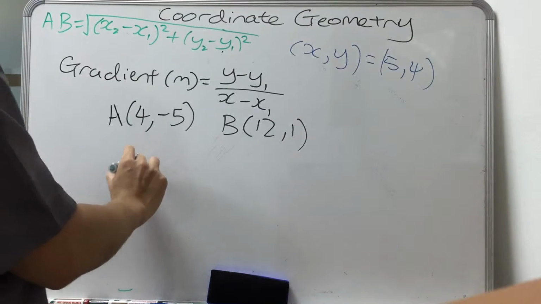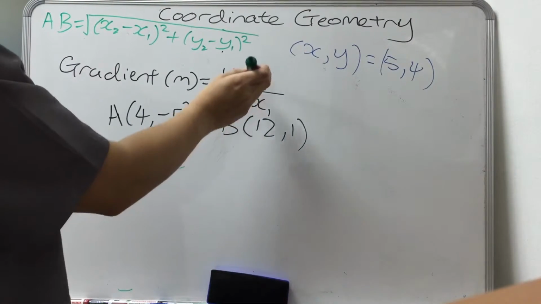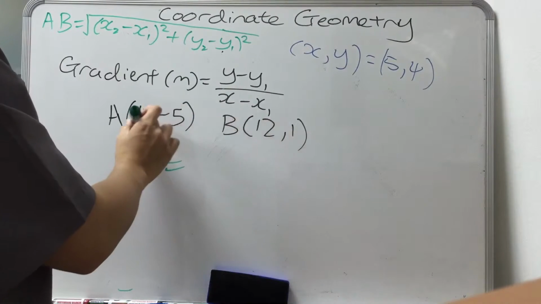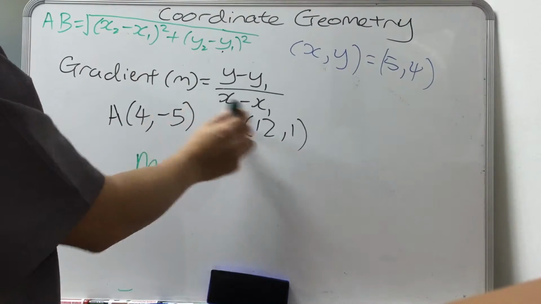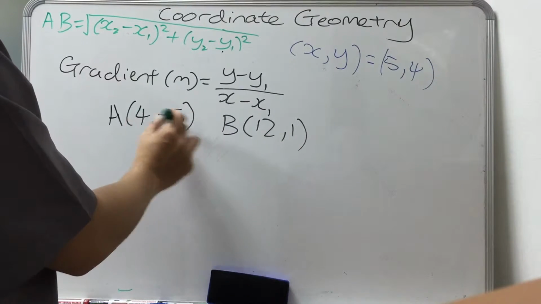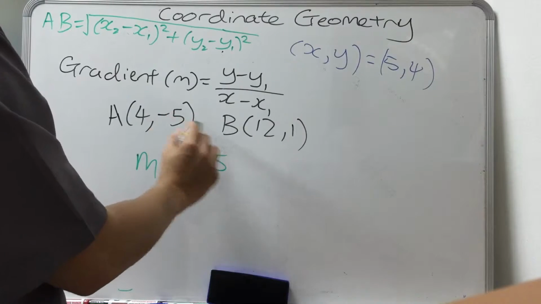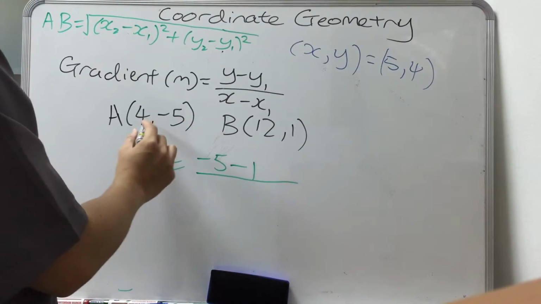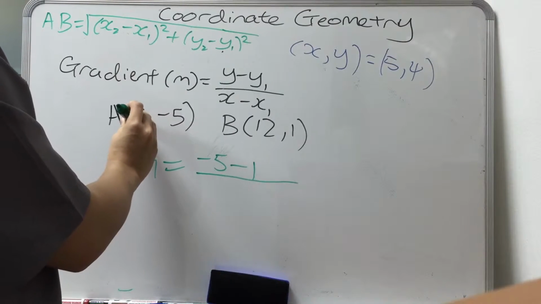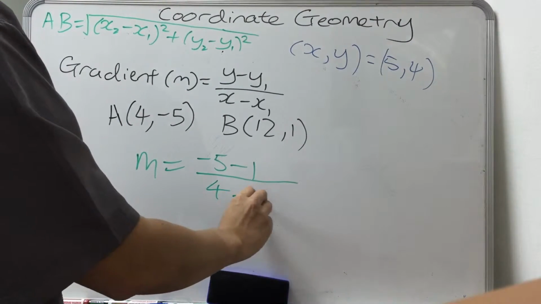Gradient, short form m, is equal to (y minus y1) over (x minus x1). Let's say this is y, this is y1, this is x, this is x1. So use (minus 5 minus 1) divided by (4 minus 12).